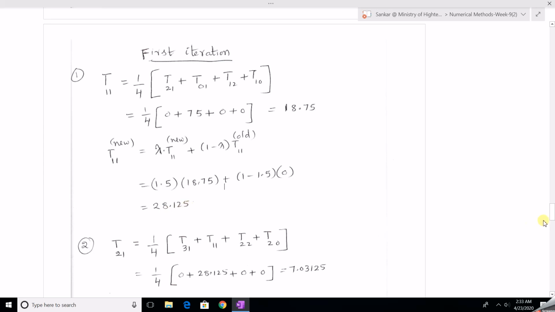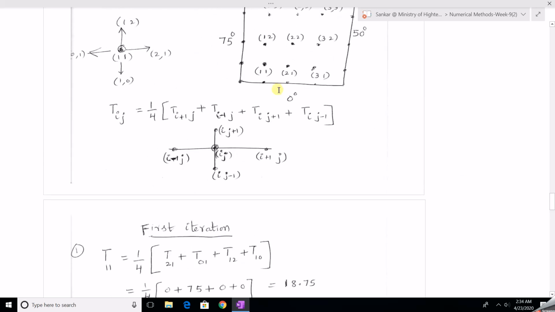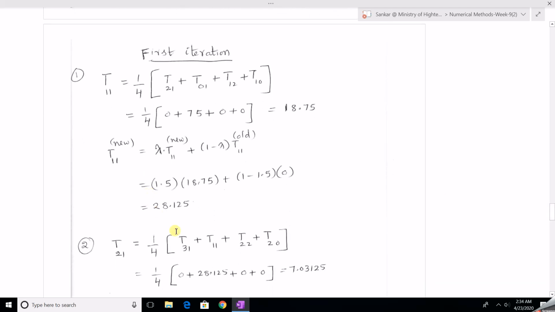So T31 is 0, T11 is 28.125, T22 is 0, T20 is also 0. If we simplify that, we get 7.03125.